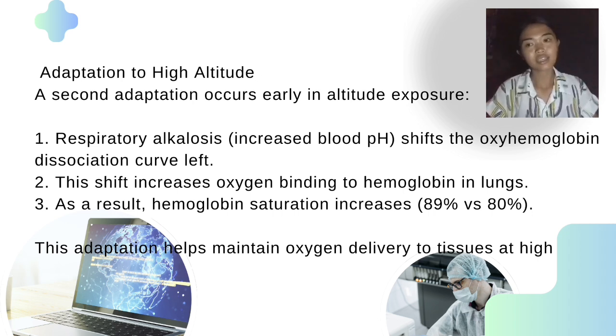Second, this shift increases oxygen binding to hemoglobin in the lungs. Third, as a result, hemoglobin saturation increases, 89% versus 80%. So these adaptations help maintain oxygen delivery to tissue at high altitude.